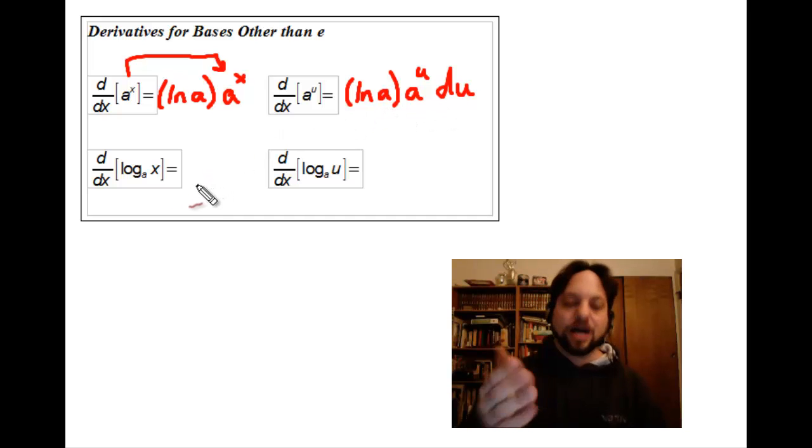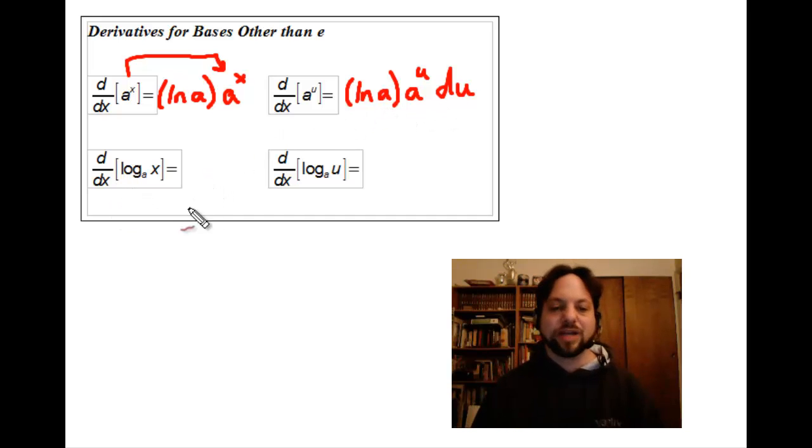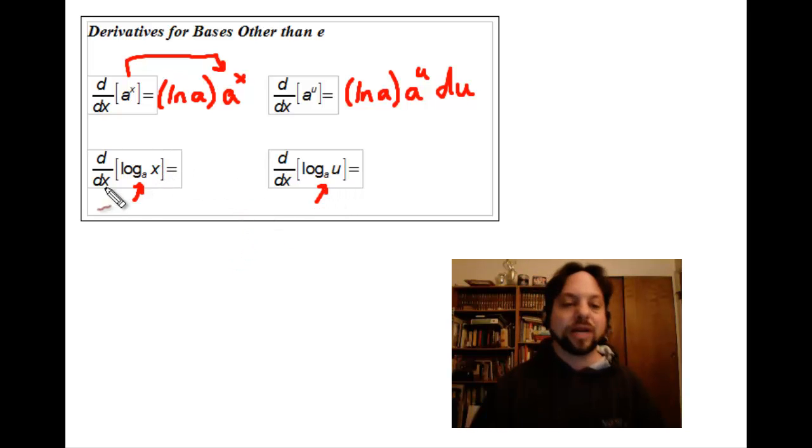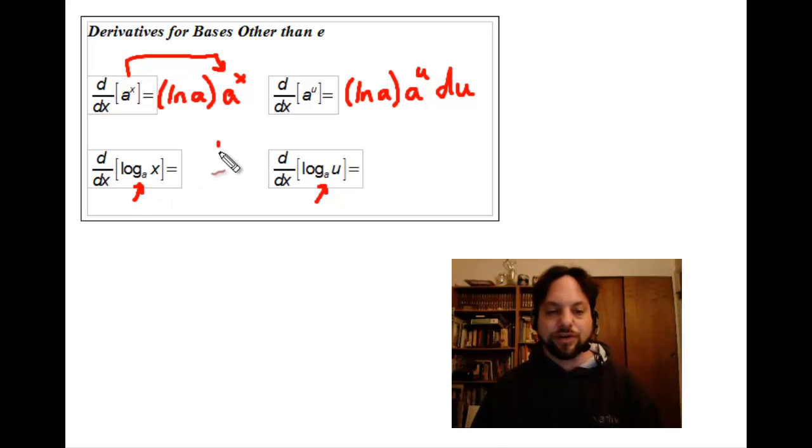So there we go. Let's take a look at one more thing if we want to differentiate a logarithm. And you can see in both of these cases, we do have a base of a once again. So if we want to differentiate log of x base a, that's also very easy. It's simply going to be 1 divided by the natural log of our base multiplied by x.